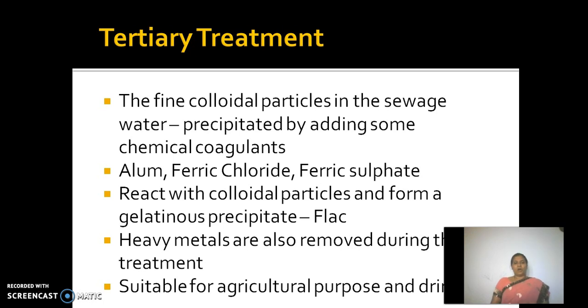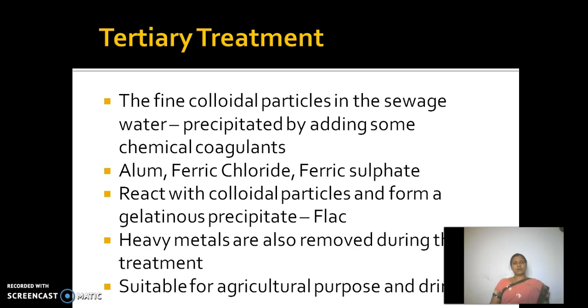So the removal of fine colloidal particles in the sewage water by adding some chemical coagulants is called tertiary treatment. We add some chemical coagulant which will cause the precipitation of fine colloidal particles in the sewage water. Examples of such chemical coagulants include alum, ferric chloride, ferric sulfate and so on.